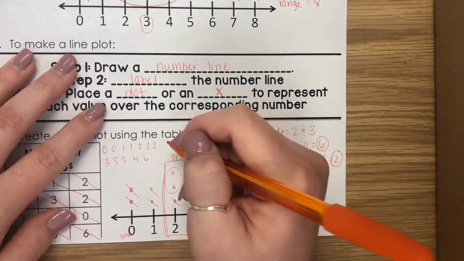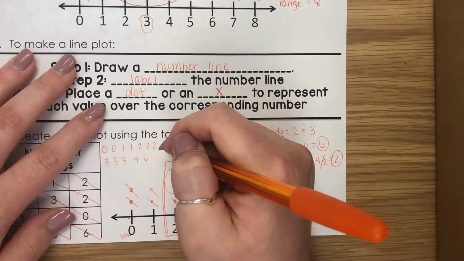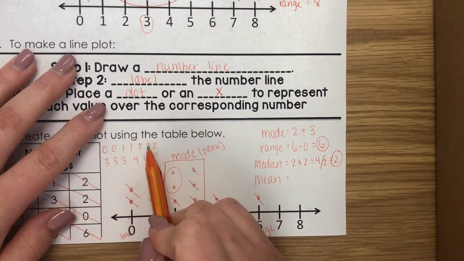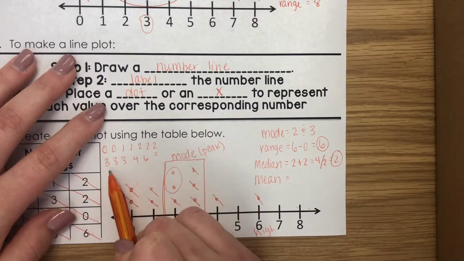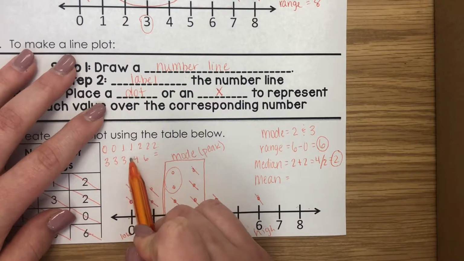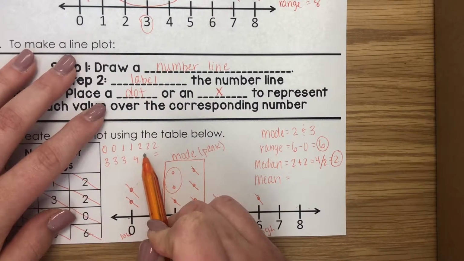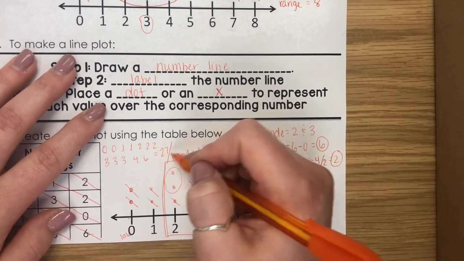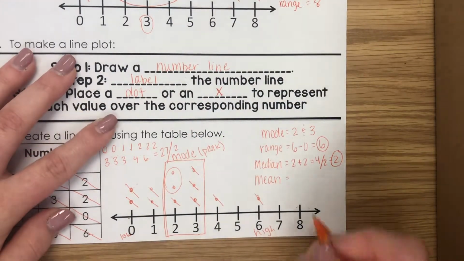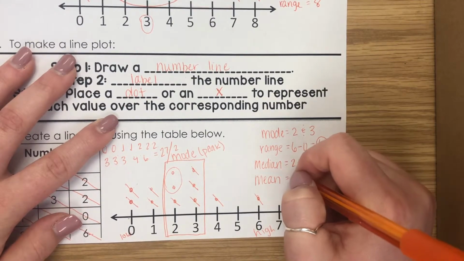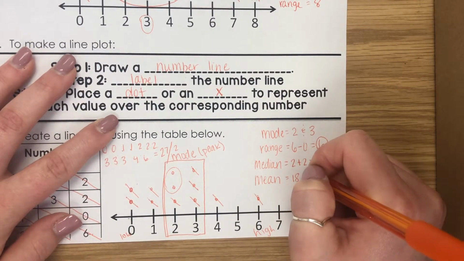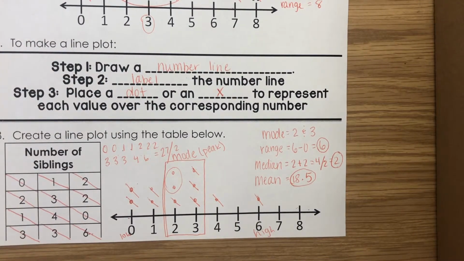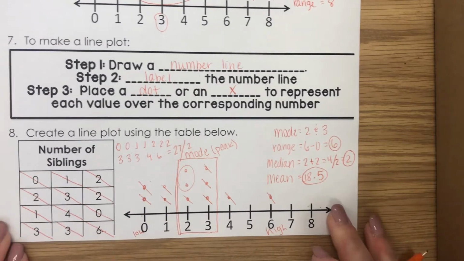And when you add that together, you should get a total of 27. And if we divide 27 by 2, we should get a mean of 18.5. So that's really all there is to it.